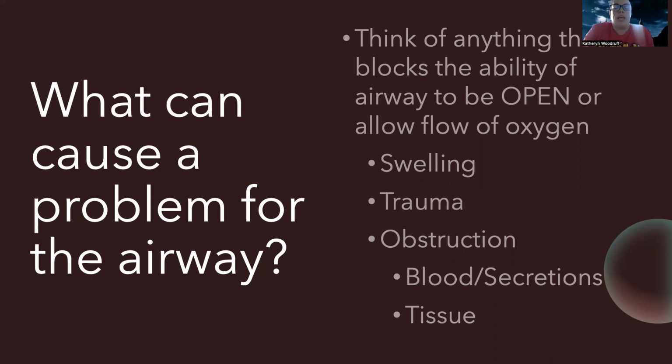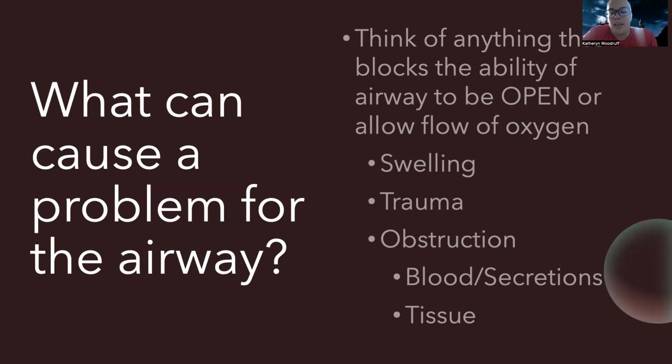When we're looking specifically at airway problems, think of the airway as a hollow tube. I think of it like a garden hose. In order for water to flow through a garden hose, there can't be any kinks. There can't be any gunk in the hose that's going to cause poor flow. It has to be open.